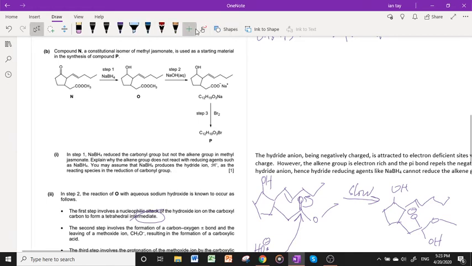Okay, normally if you add Br2, we expect it to add 2 Br atoms across the double bond, but that is not so. There's only 1 Br atom here. So what has changed? So okay, we can ignore the sodium cation, C12H19O3 minus.